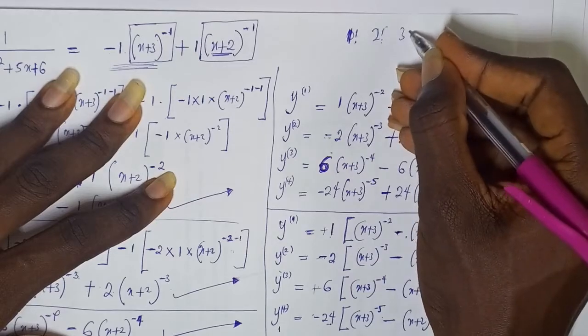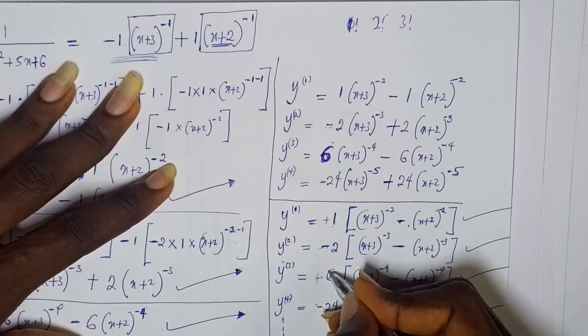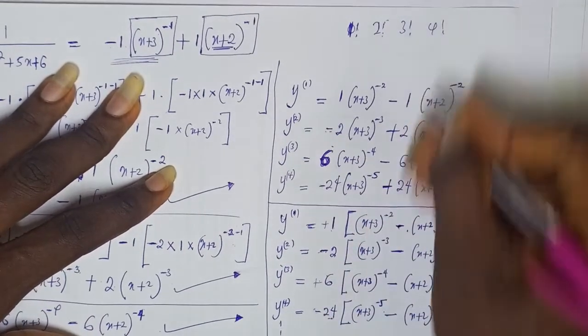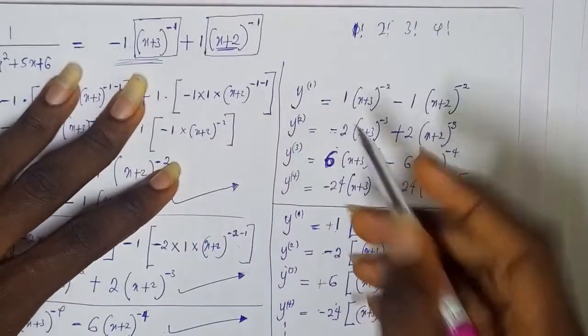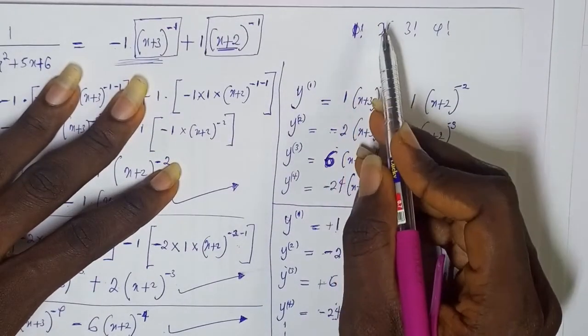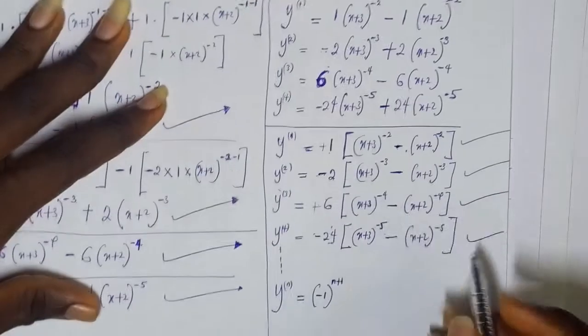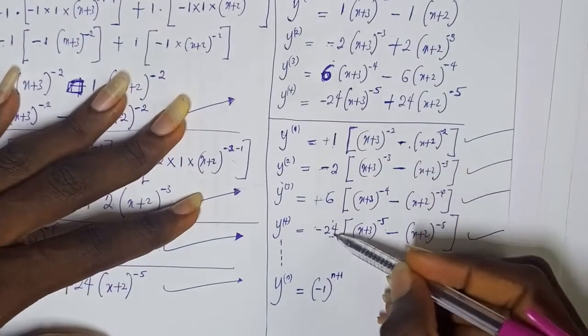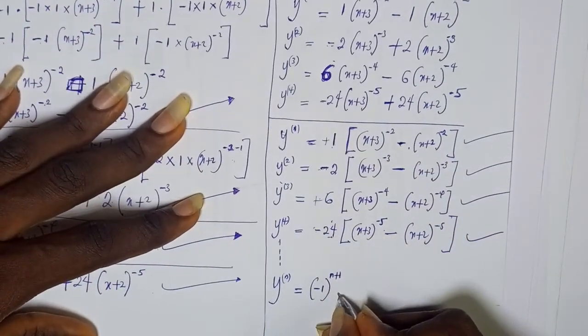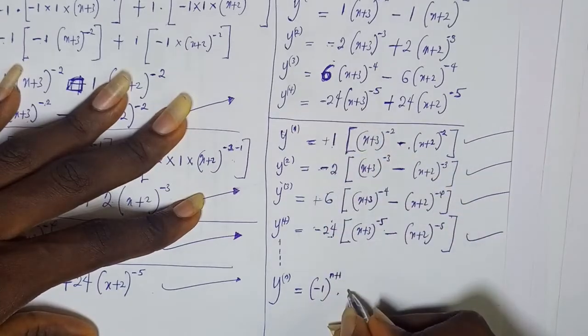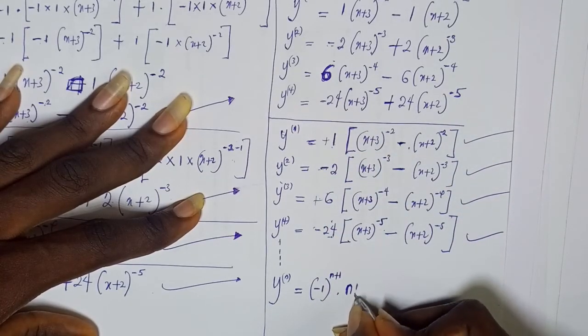Trivially, 3 factorial will give me this 6, and 4 factorial will give me 24. So, hence, when n is 1, 2, 3, and so on, if I have 1, 2, 6, 24, I can easily tell you that we end up having just n factorial. Do you agree with that?